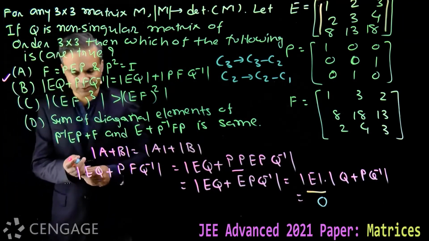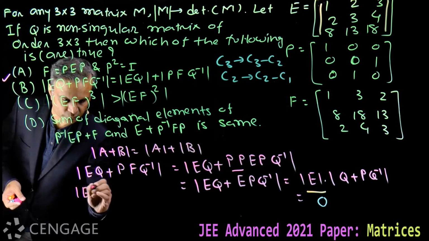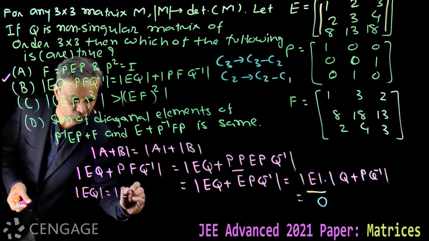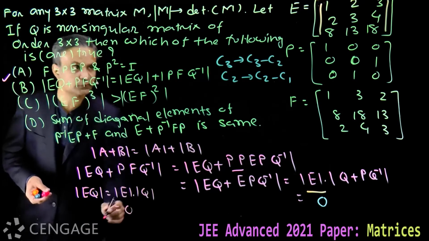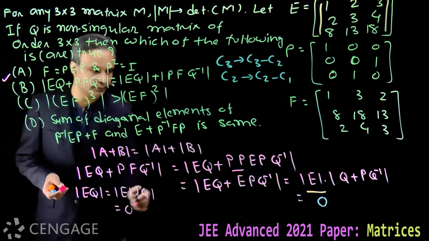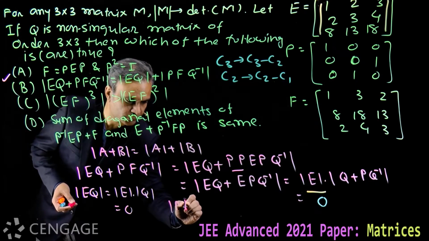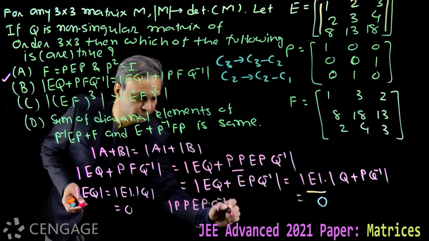Now we find RHS. Modulus of EQ is 0 because modulus of EQ is equal to modulus of E into modulus of Q. This is 0. Here again we can use F equal to PEP. We have modulus of P into PEP into Q inverse.